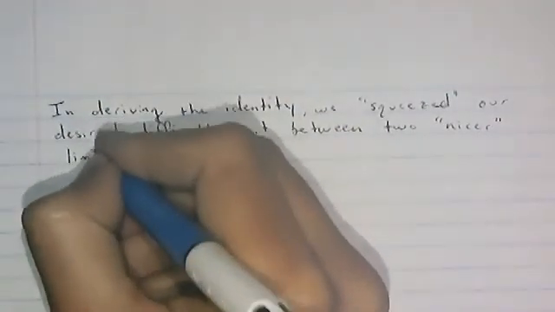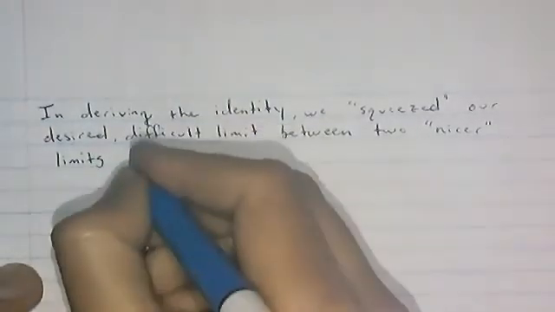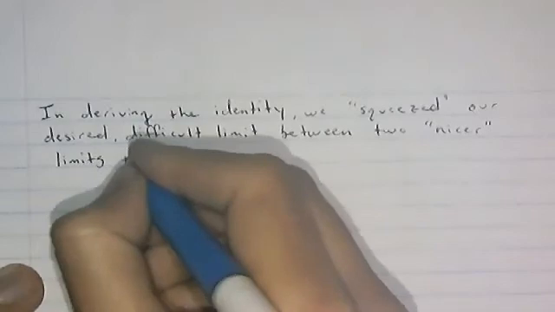But not just any two limits. It's not just like, oh yeah, this one's bigger, this one's smaller. It works because those two nicer limits shared a value. So between two nicer limits that shared the same value.